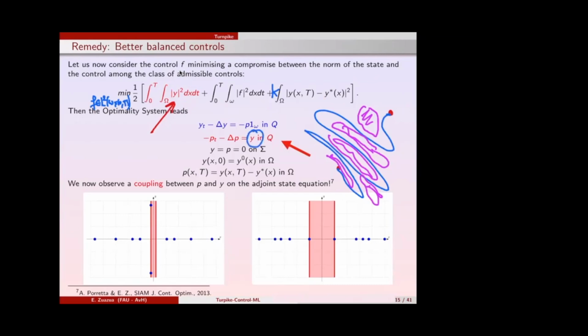And this looks tricky, right? This is why, when we do controllability, we often don't use this kind of functionals to find the optimal controls, because then the adjoint gets combined with the state. And then the analysis of this system is more complicated.